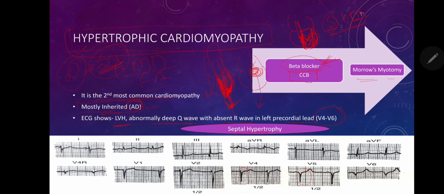For them we do a basic ECG, chest X-ray and echocardiography. If there are features of left ventricular hypertrophy in the ECG, then we can go for echocardiography.